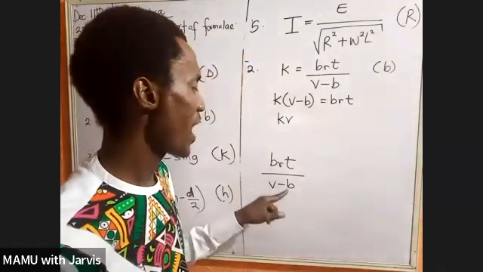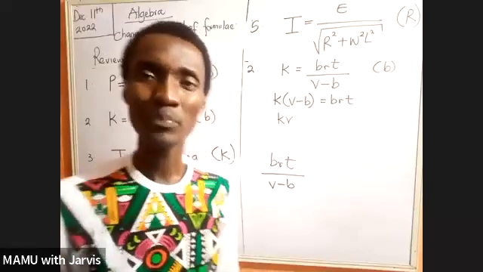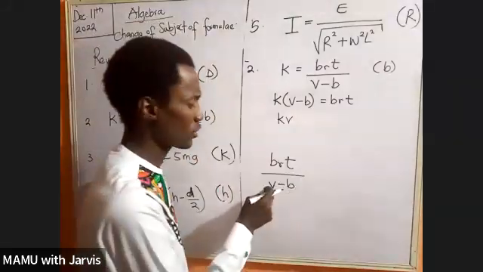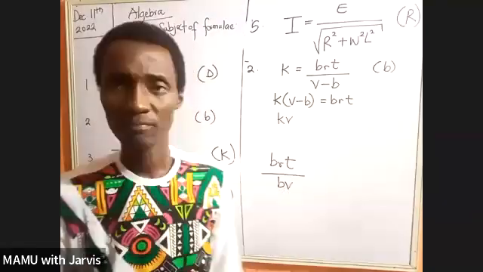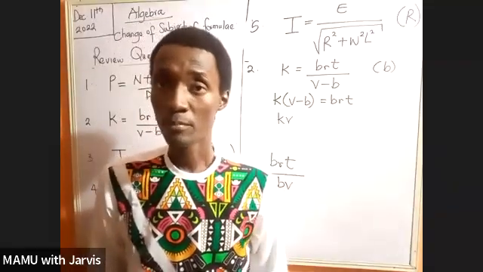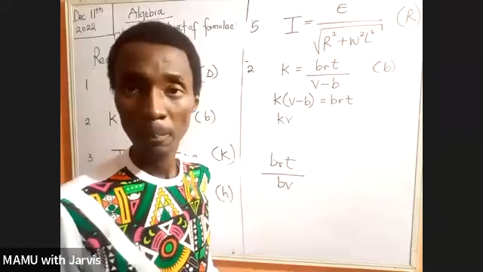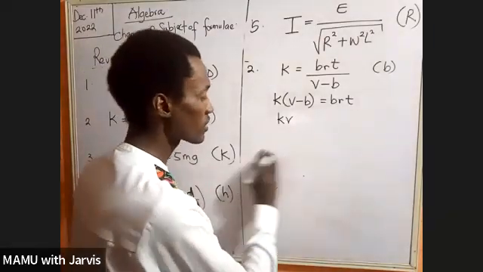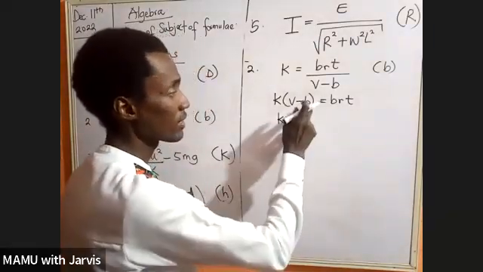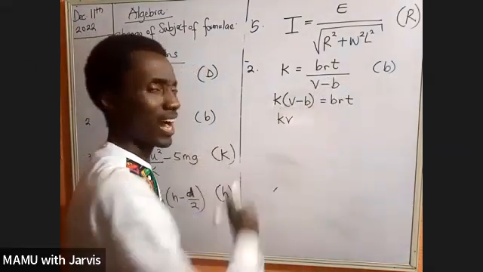B is not a factor of V minus B. B can only be a factor if I have BV. BV means what? B is a factor. So in this setup, I can cross out. But because B is not a factor of V minus B, I can't cross out.